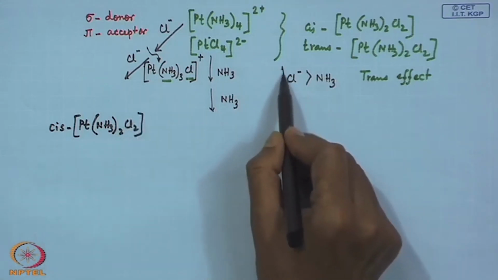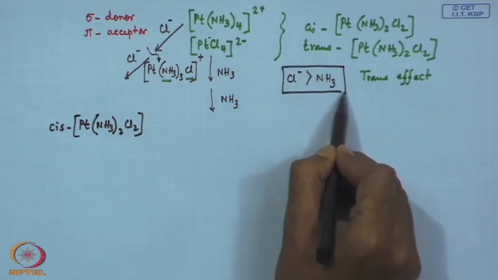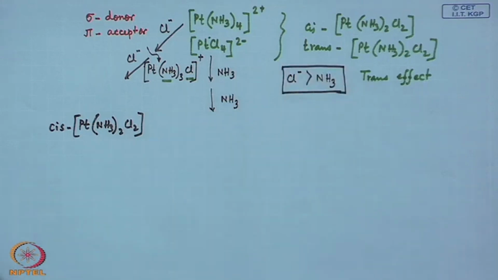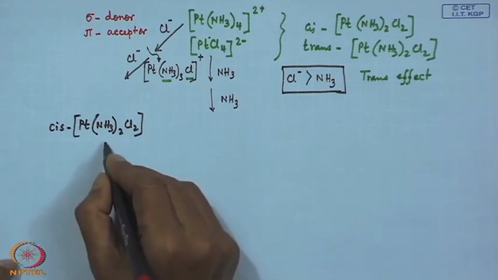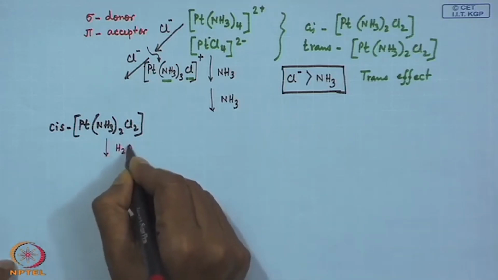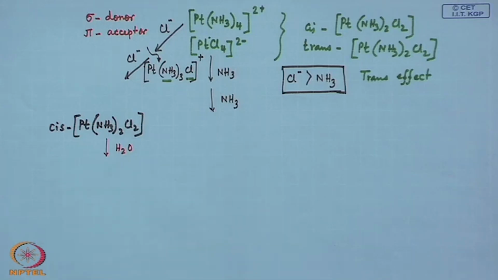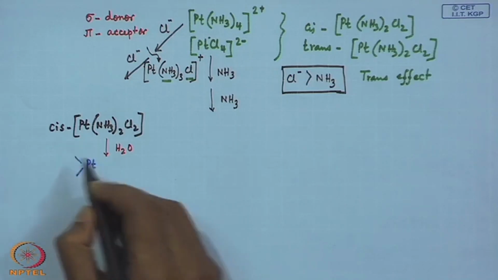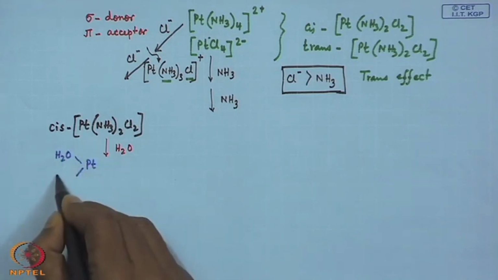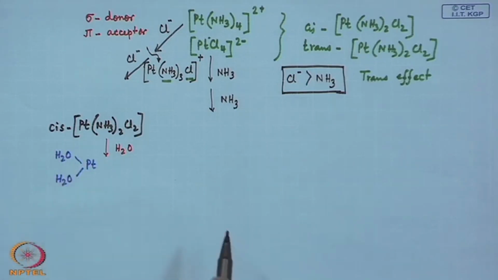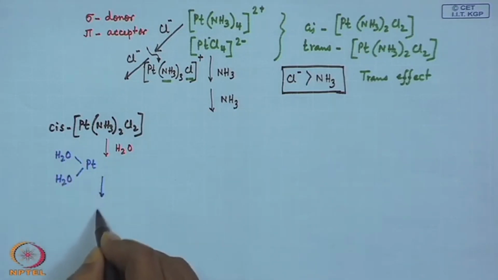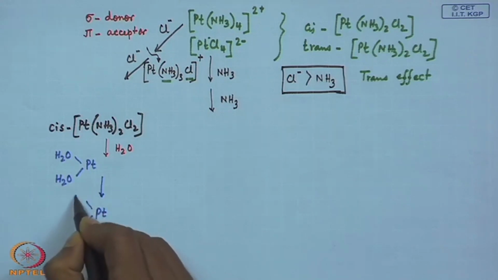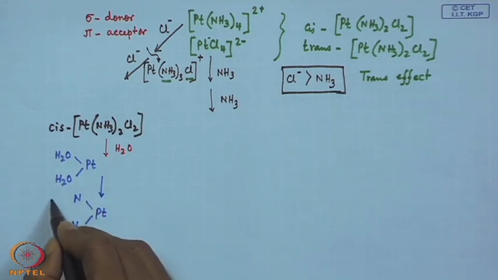Then again this trans effect can control the hydrolytic reaction, that means whether it can go for hydrolysis by the substitution of the water molecule for either of these two groups, the ammonia or the Cl. That means we should have certain species where the platinum has two water molecules attached, and then this platinum center can go and bind to the nitrogens of the nucleobases.